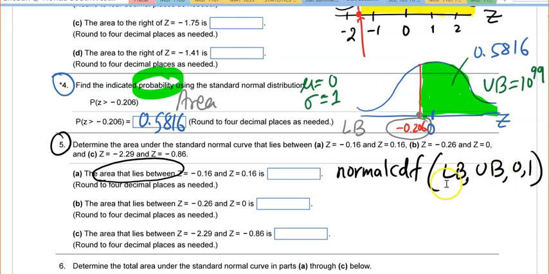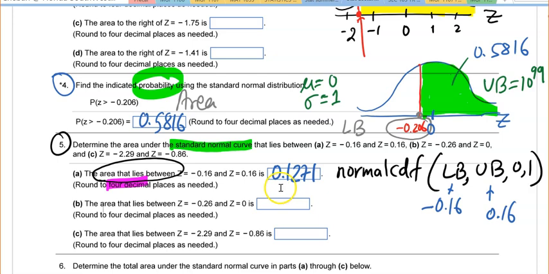Because this is the standard normal curve, the mean is always 0 and standard deviation is 1. For part A, the lower bound must be negative 0.16, upper bound must be positive 0.16. Put everything in the calculator and the answer must be 0.1271 if you round it to 4 decimal places.